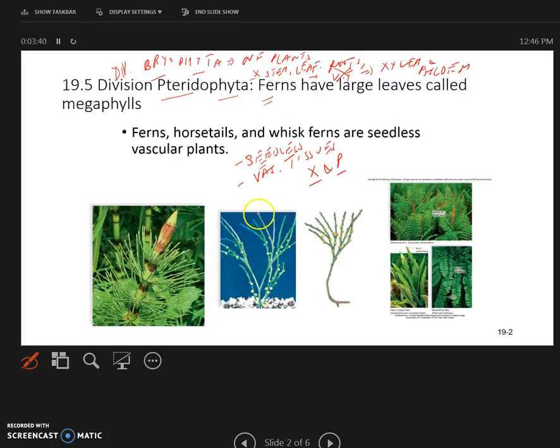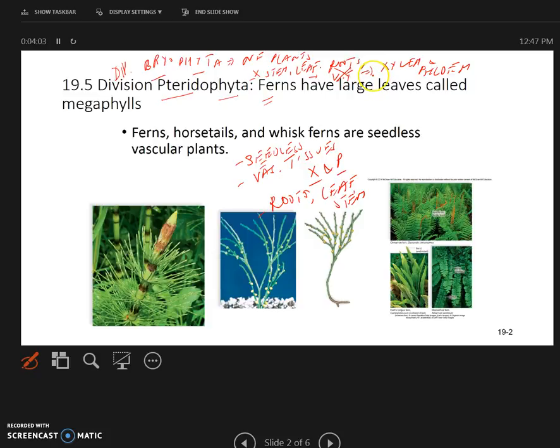They have roots, leaves, and stem. Remember, in bryophytes there were no true roots, leaves, and stem. Here they have roots, they have leaves, and they have a true stem. Of course, the plant body is a sporophyte. It is not the dominant plant form in bryophytes, that is a gametophyte.